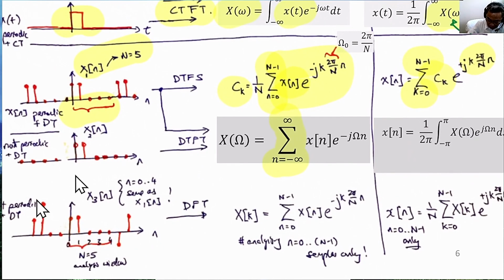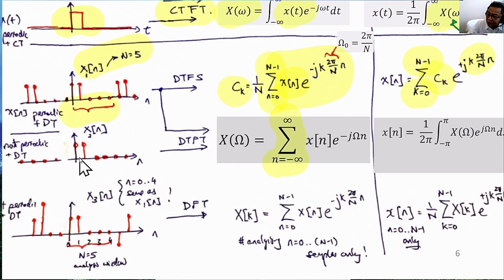Of course, if this signal cannot be summed by this expression, then X(omega) does not exist. We are trying to add an infinite number of terms, xn multiplied by e^(-j omega n), and sometimes it will not converge. If it does not converge, it means that the discrete time Fourier transform does not exist.